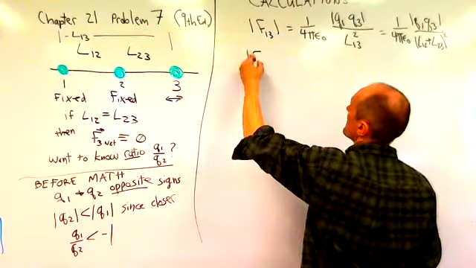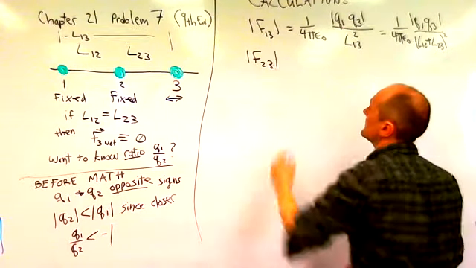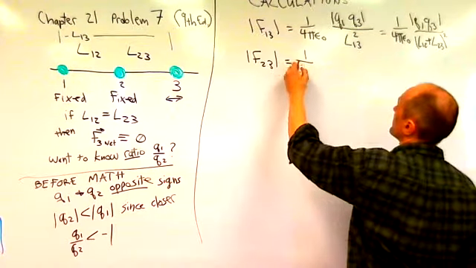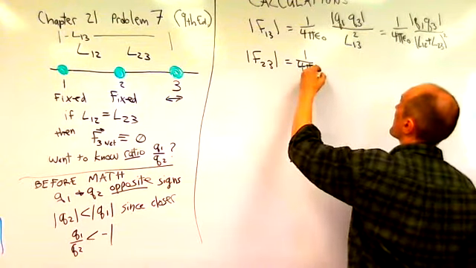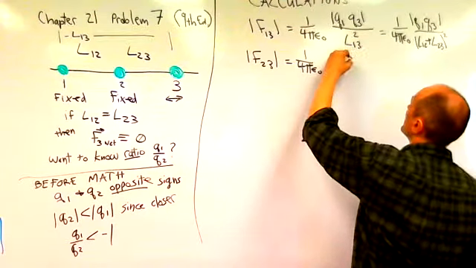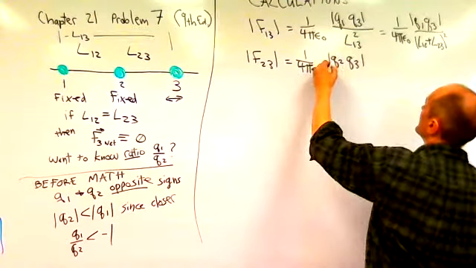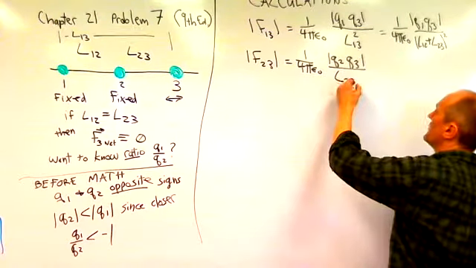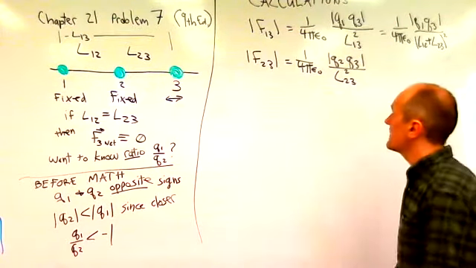Then, looking at the force between these two, similarly, 1 over 4 pi epsilon naught Q2 Q3, again, we just compare the magnitude, over L23 squared.